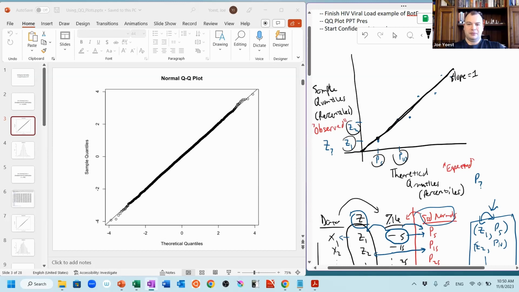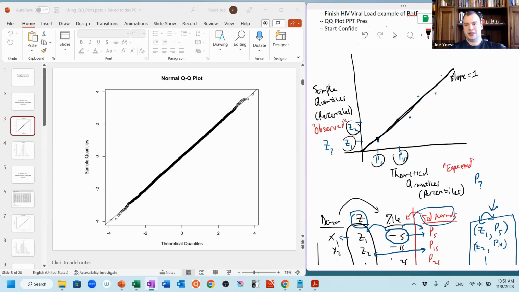If I see that my scatter plot, my set of points representing these ordered pairs, roughly fall along this slope 1, this 45-degree line, if they fall very close to it, I'm quite confident that this data set came from a normal distribution, that it's a representation of a normal distribution.